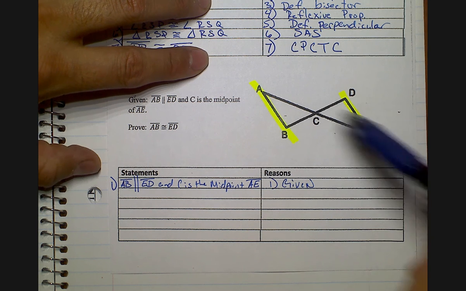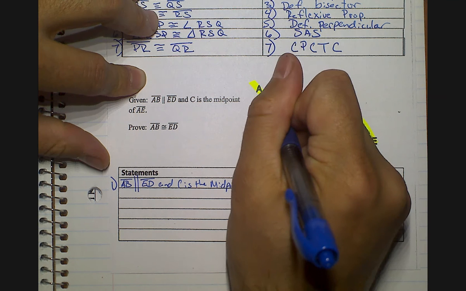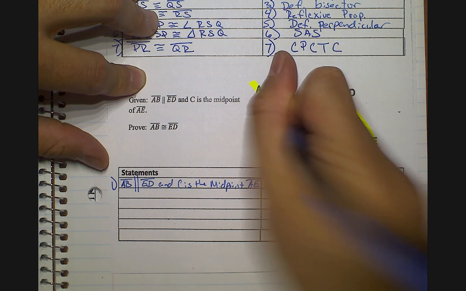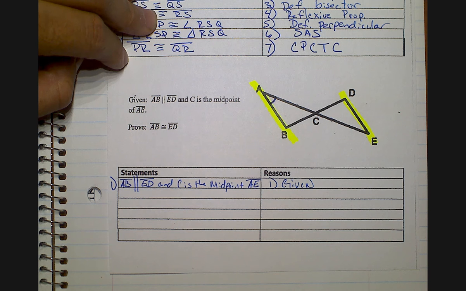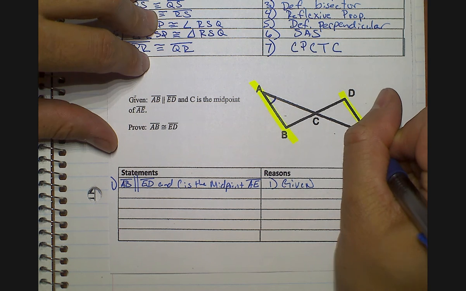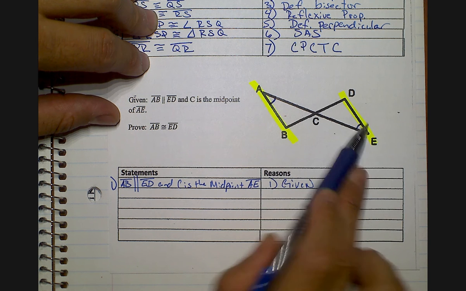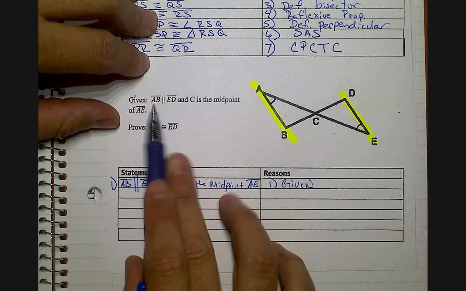That means that angle A is going to be congruent to which one? E, very good. Angle A is going to be congruent to angle E. These are alternate interior angles. So this is actually given because of parallel lines.